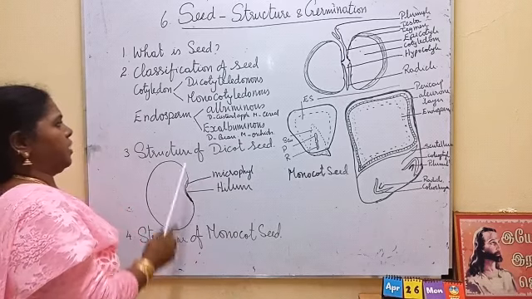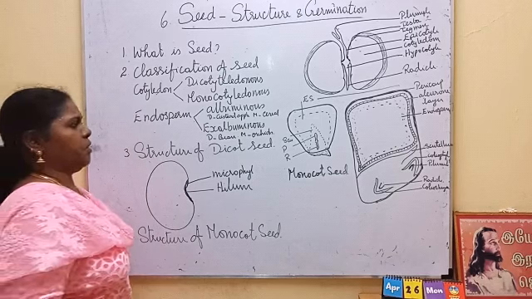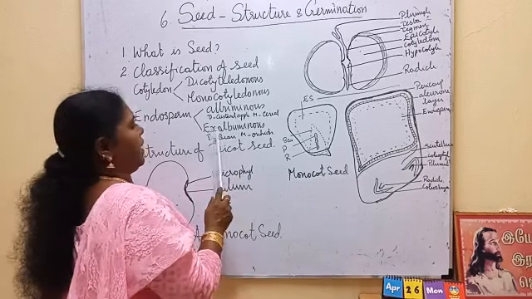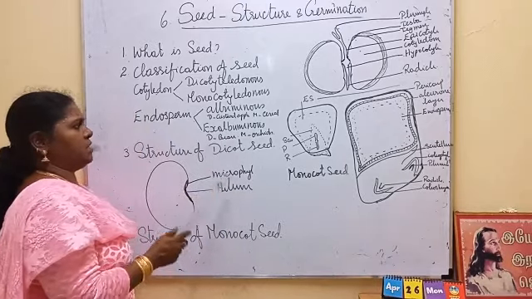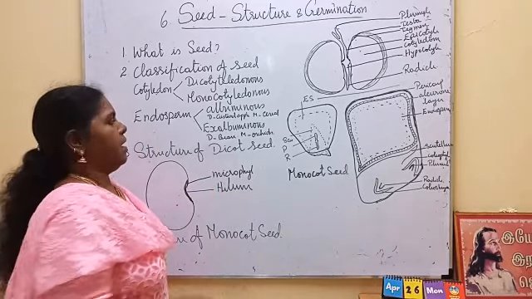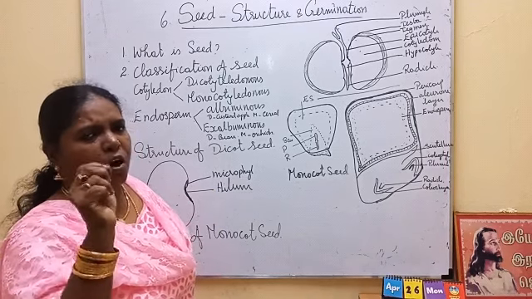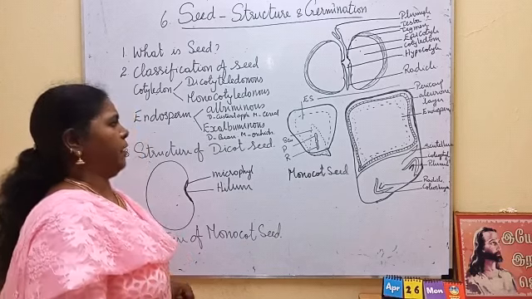So on the basis of the presence of endosperm, the seeds are classified into two: albuminous and exalbuminous. Albuminous seeds contain large endosperm, and exalbuminous seeds will not contain it, or only a very small quantity will be seen.